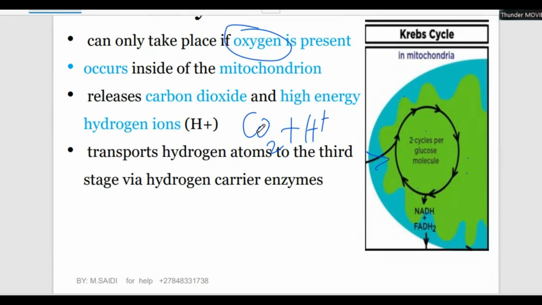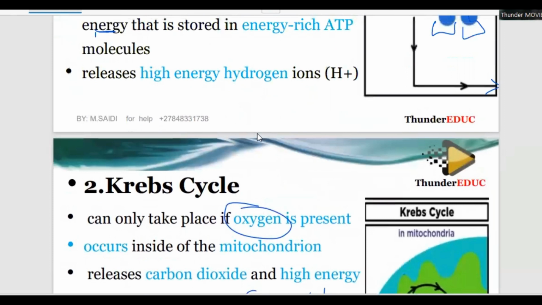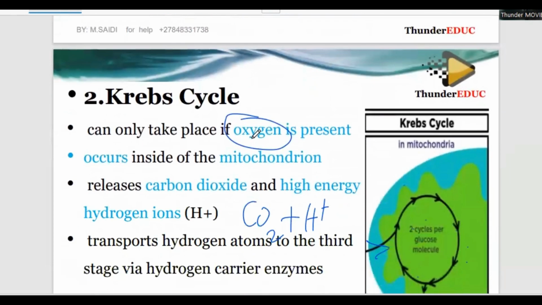Don't forget, as a small reminder, the raw material of photosynthesis, glucose, is the product of respiration, and the products of respiration are the raw material for photosynthesis.